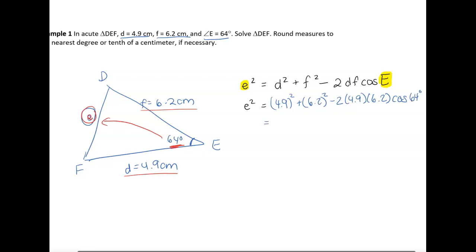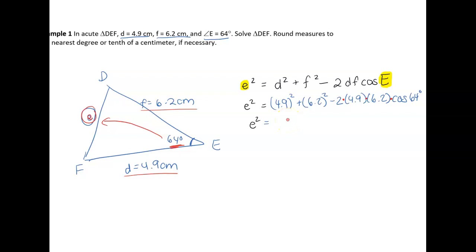And with cosine law, as with most of the trigonometry, you want to just punch this all right into your calculator and do this in one go from left to right, making sure you put the right symbols in the right spots. And remember that this is a multiplication between these values here, okay? And it will do the rest for you.